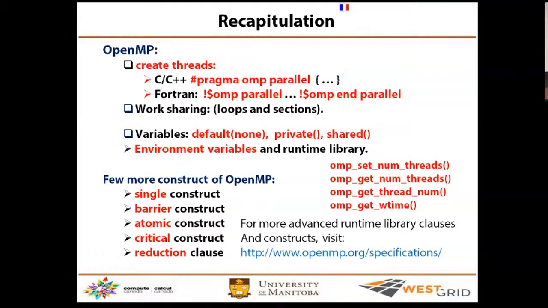So compile the program and set the number of threads before executing it. There are some other functions. You can use them when you develop your code, but they are not needed after that. To have an idea about time, you can use omp_get_wtime. It's the same in Fortran, where there are functions to get the time.